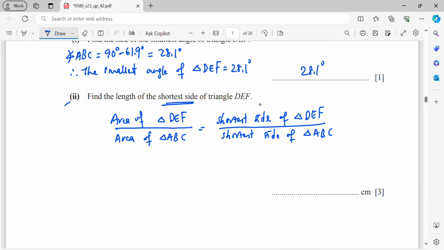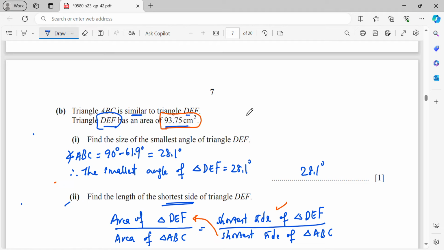Since you need to find this numerator, the shortest side of triangle ABC will be moved up and becomes times. So now the shortest side of triangle DEF equals the area of triangle DEF, 93.75.